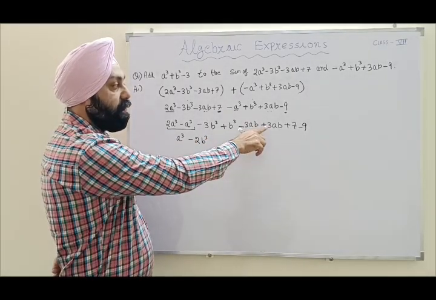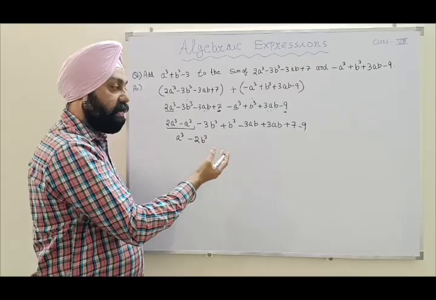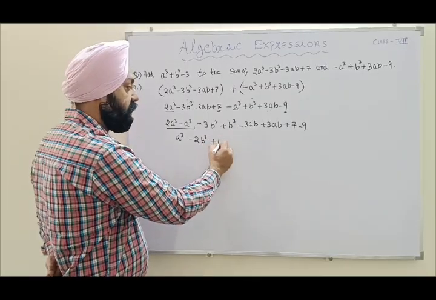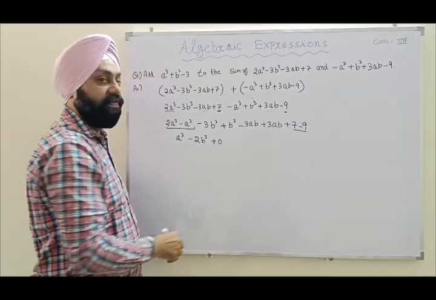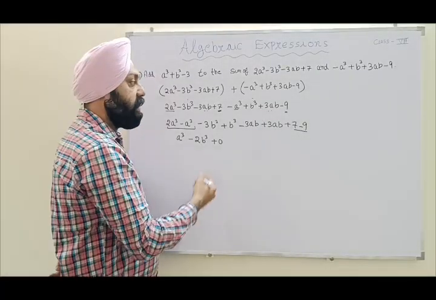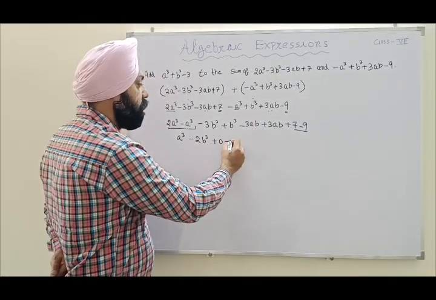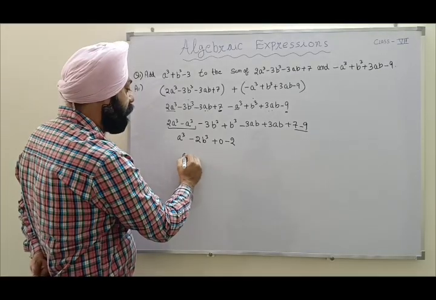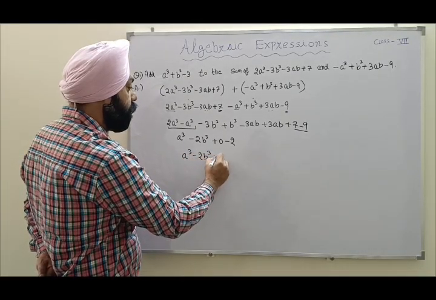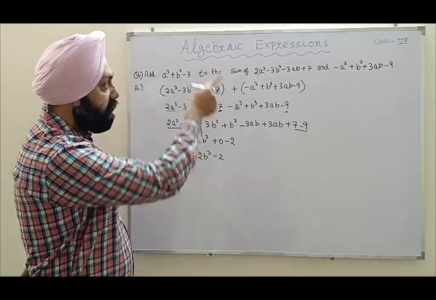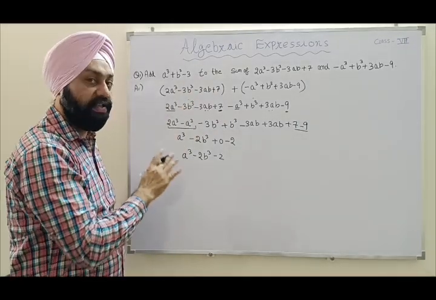Now minus 3ab and plus 3ab will cancel out, it will be 0. Apart from this we have 7 minus 9, again the integer rule, it will give minus 2. So our final answer for finding the sum is a cube minus 2b cube minus 2.